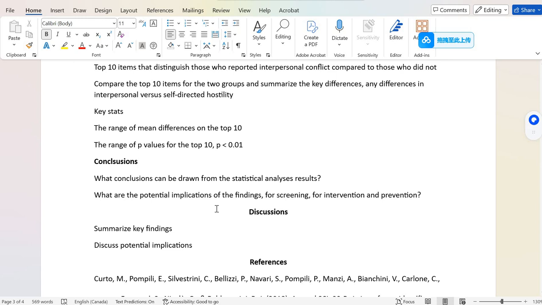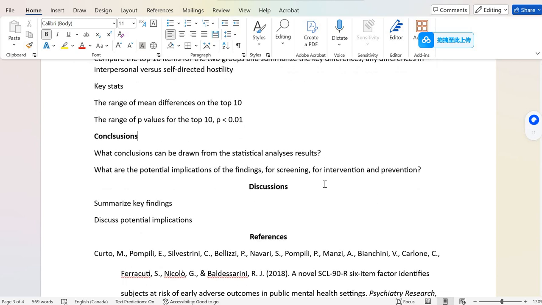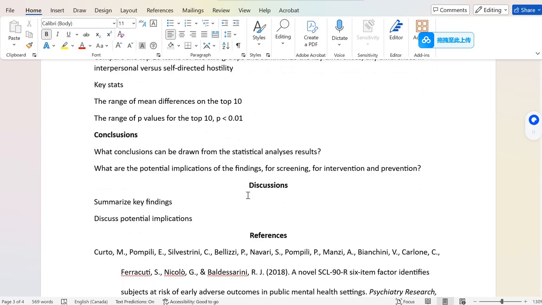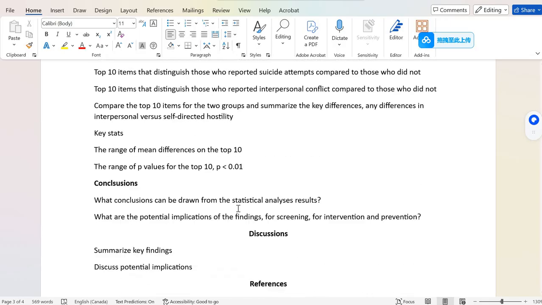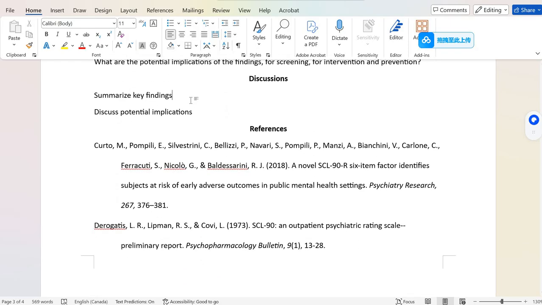After you finish the results section, you have the conclusion, discussions, to summarize the key findings. You can talk about the global indices first. You can say we compared people who report suicide attempts with the total sample. Well, not the total sample, kind of backtrack.